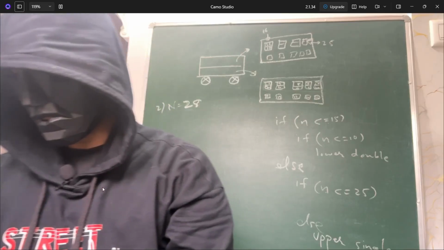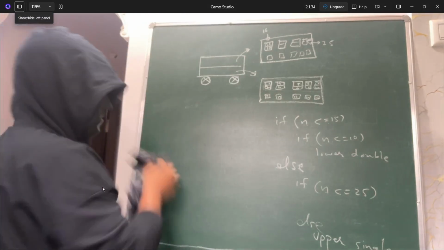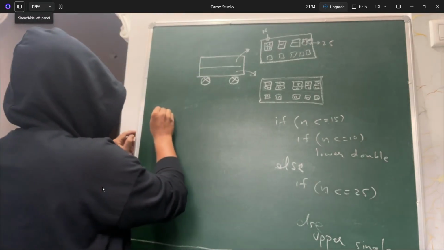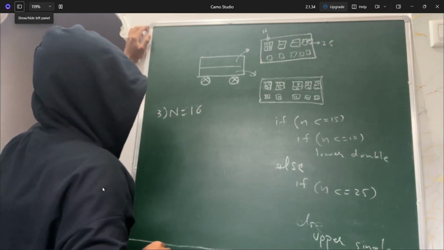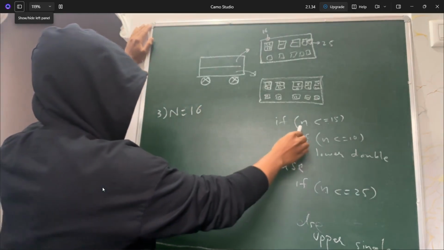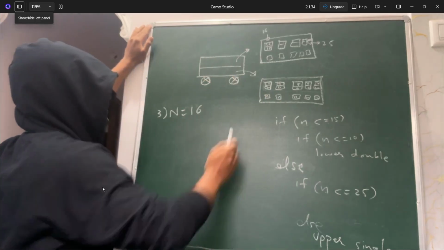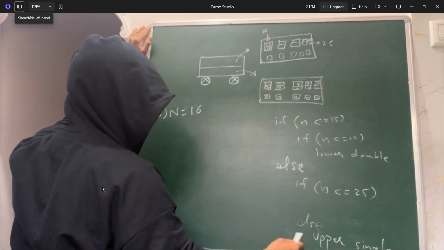Now let's consider the third one, which they have given as 16. Again the same thing will do. If n is lesser than or equal to 15, it is not, which means it lies in the upper deck. So you'll have to come to the else condition, and here you have to check again with an if.